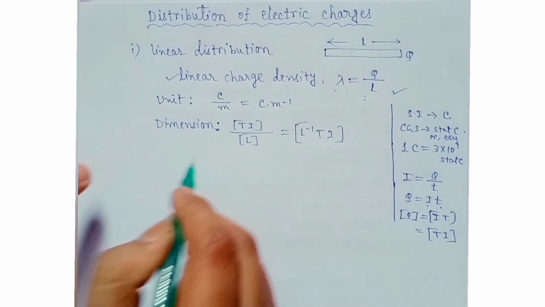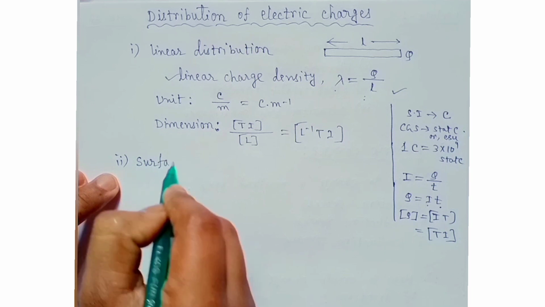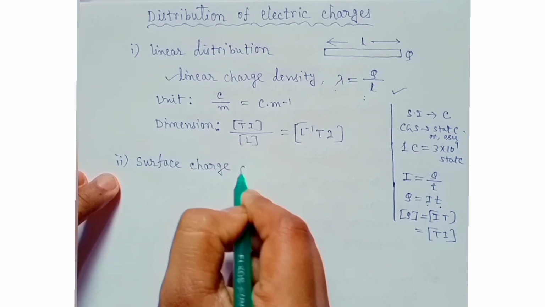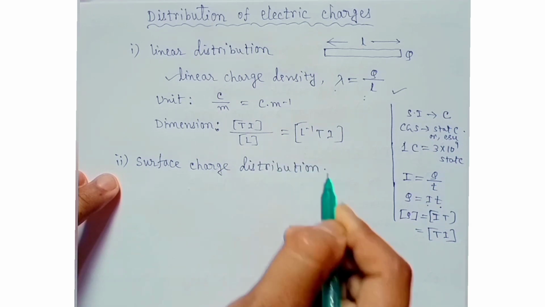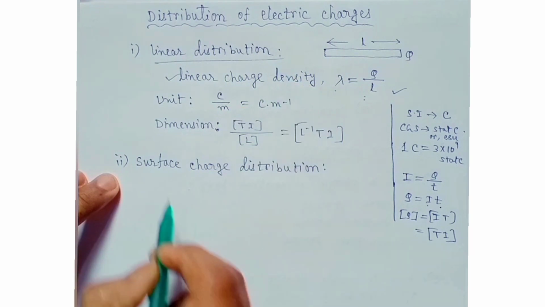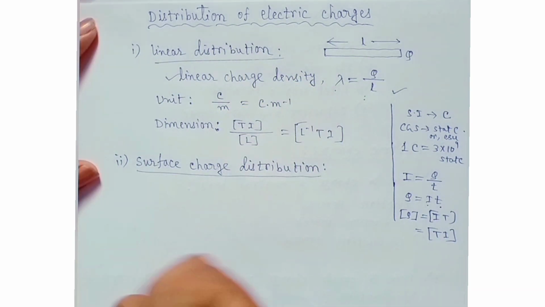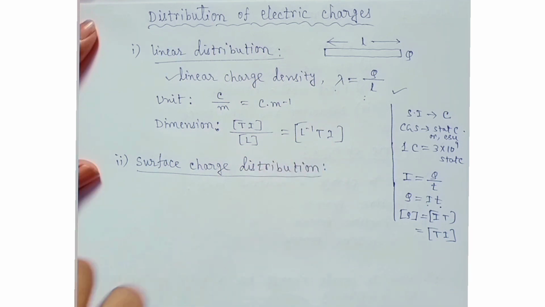Okay. Now the second distribution is surface charge distribution. Surface distribution of charge, or the surface charge distribution. Okay, this is the first distribution and this is the second distribution. When the charge is distributed over the surface of a conductor, then the amount of charge is measured in terms of surface charge density.